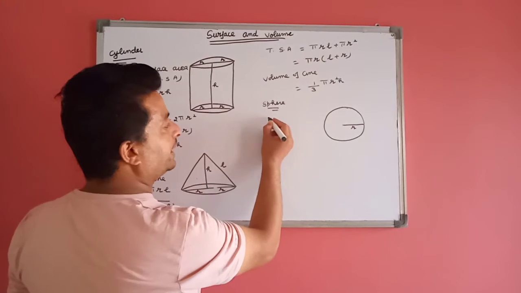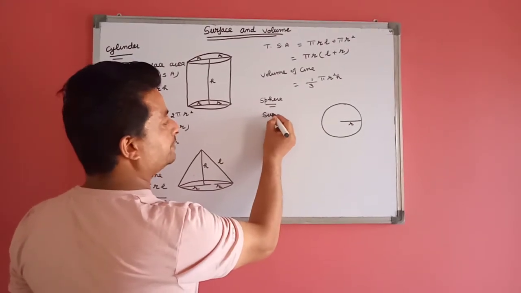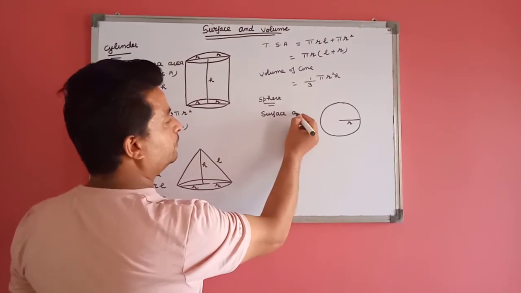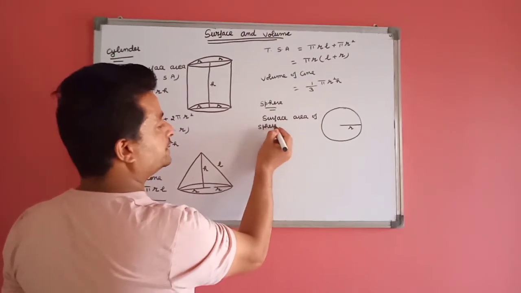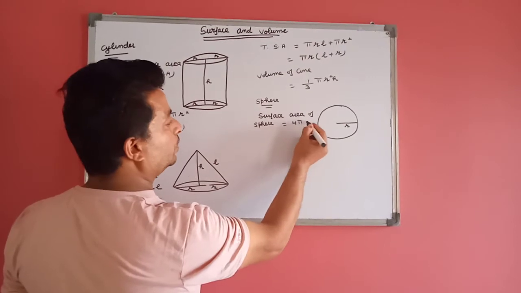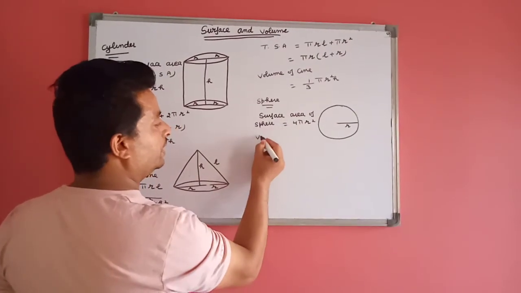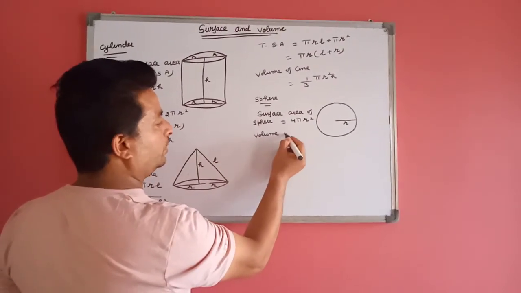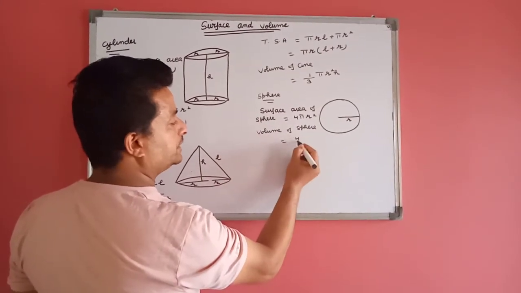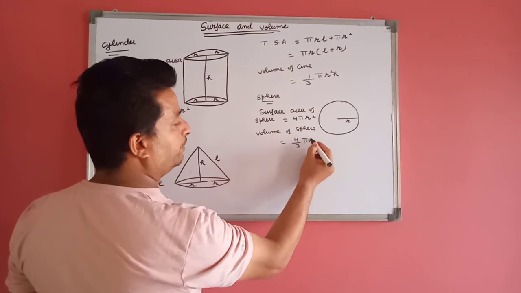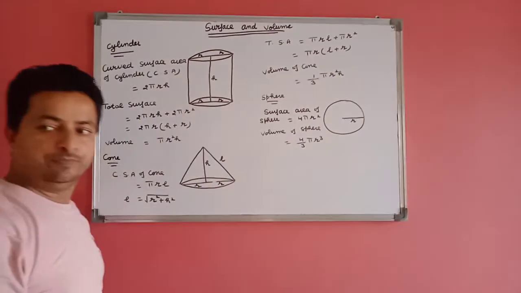So first we write the surface area of sphere. Surface area of sphere is 4 pi r square. After this, volume of sphere, which is 4/3 pi r cube.